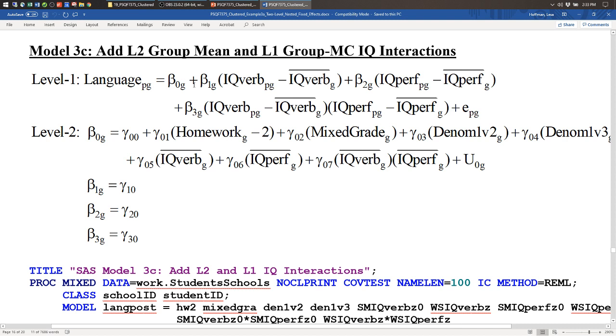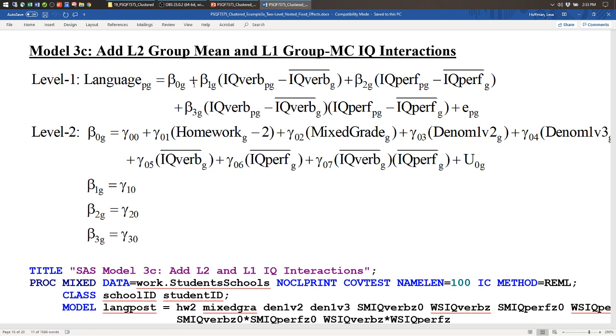So I am doing level-specific interaction terms. At level 1, I have added an interaction between the within school verbal IQ and the within school performance IQ as a new beta 3. Because I have a new beta 3 in my level 1 model, I have a new beta 3 equation in my level 2 model.